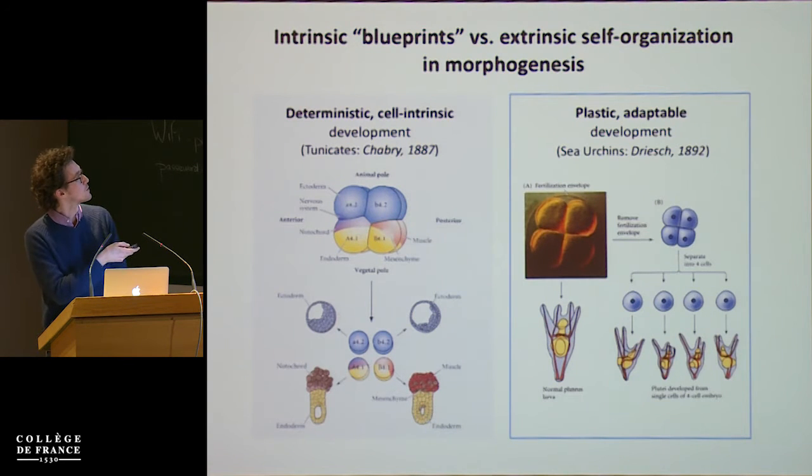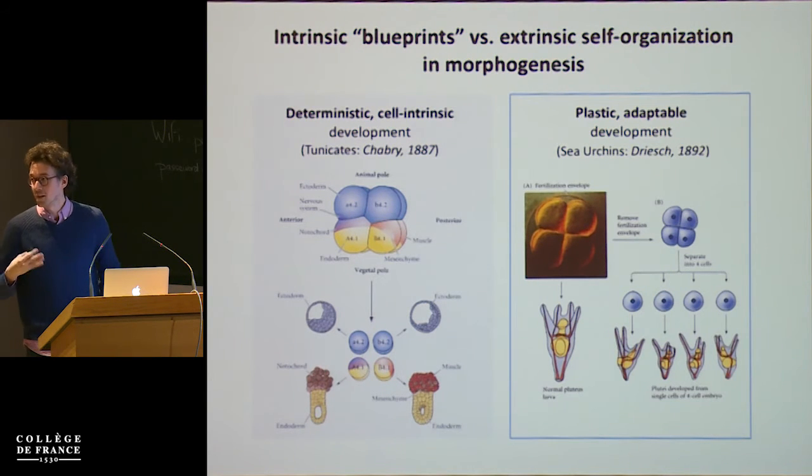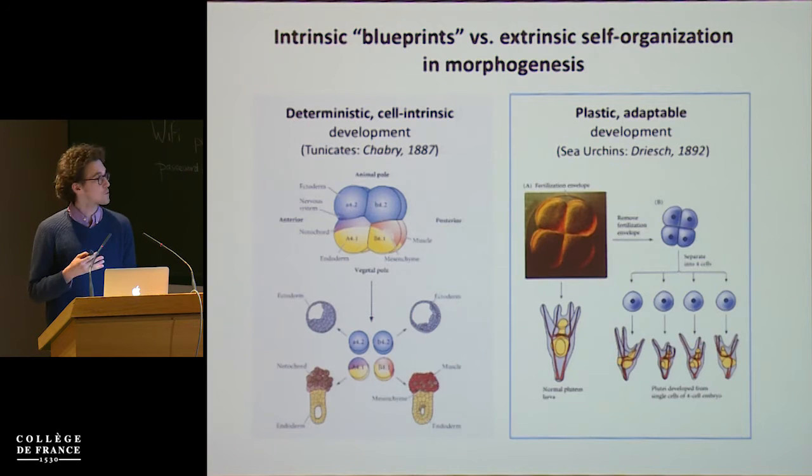There are some organisms where, like in tunicates, you can separate different cells in the early embryo, and these basically do the tissue type they're supposed to do irrespective of their neighbors, so it seems like they're unfolding deterministically a sequence of events without caring so much about the neighbors.